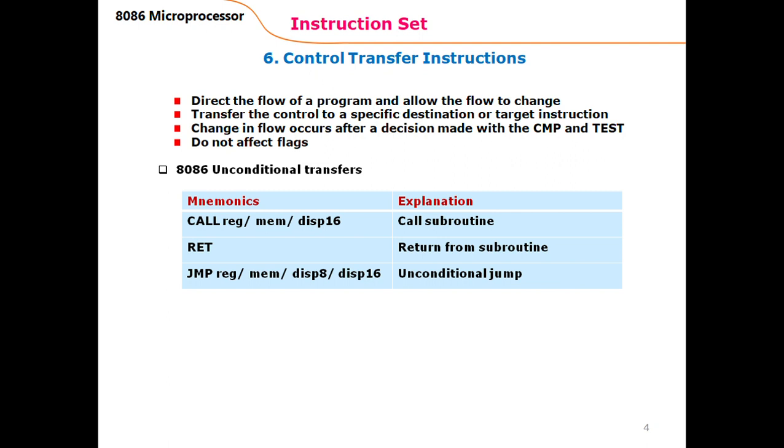All these are addresses of the location or the address of the instruction to where the jump has to happen. So jump means that the control has to transfer, but to where? That address is provided through a register or through a memory location or through an 8-bit or 16-bit displacement.